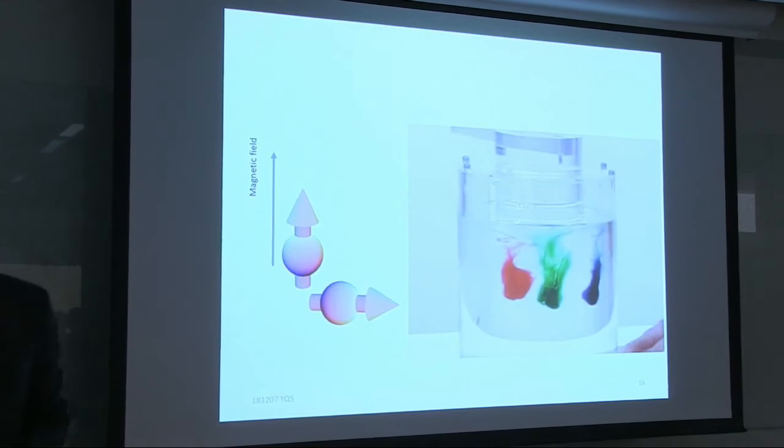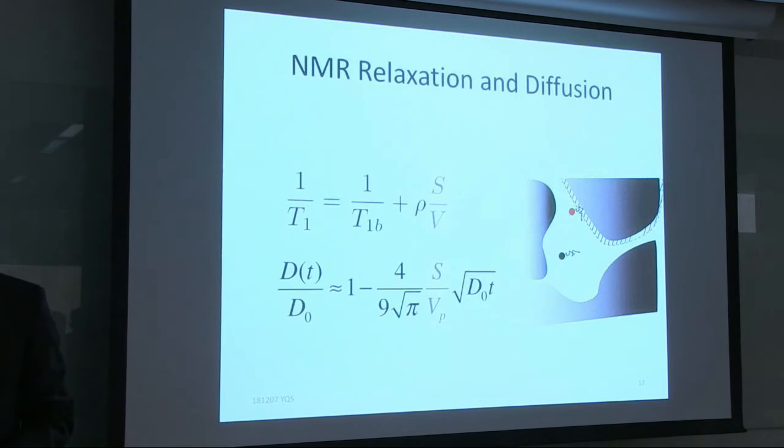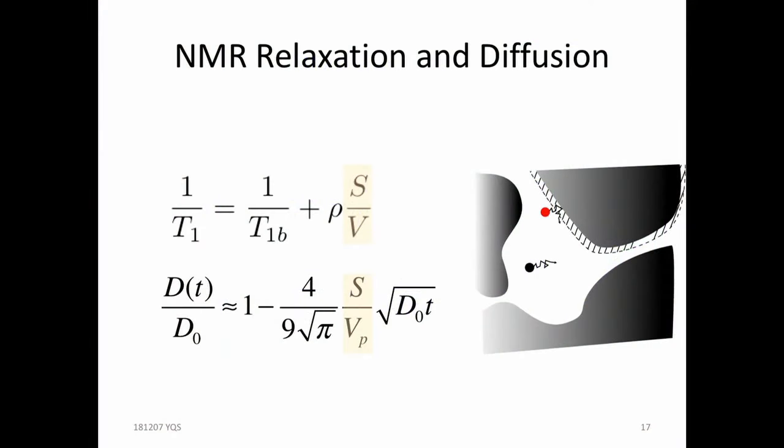Okay. So, we're talking about NMR. The relaxation rate, as we were talking about, has contributions from the bulk property. It depends on the molecules, and that property is different. But also, when it's in the rock, it measures the surface-to-volume ratio of the pore.